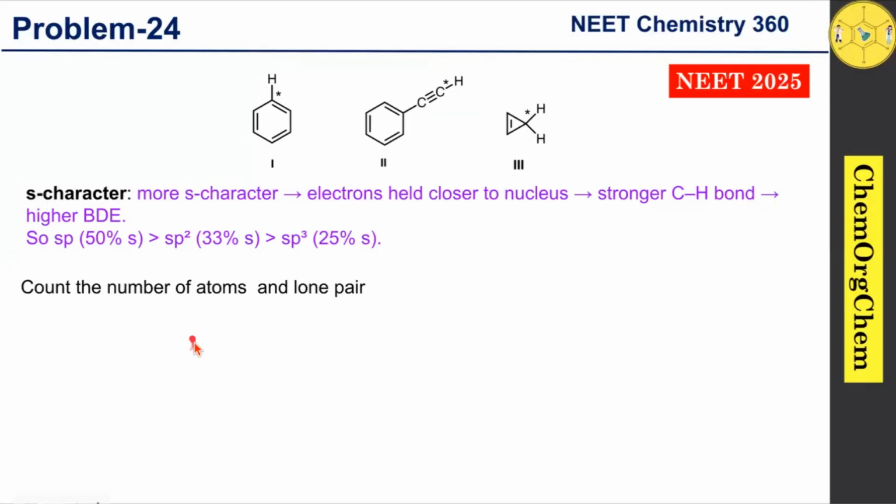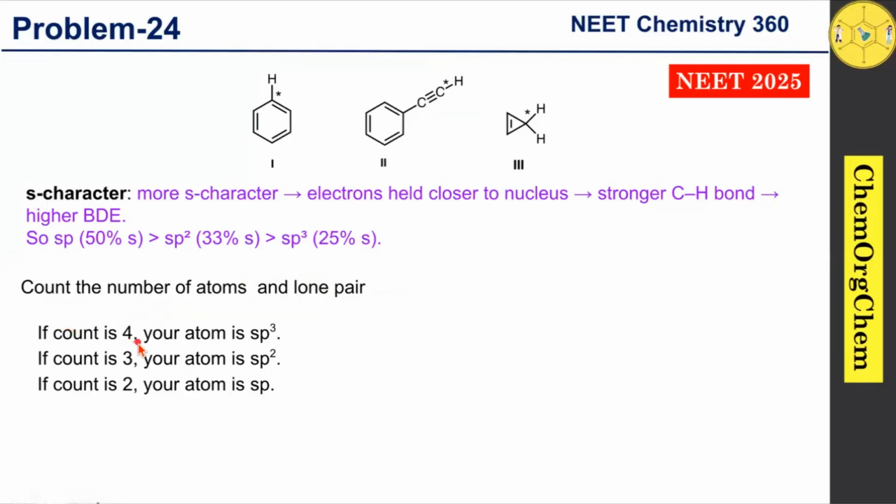For that, first we need to count the number of atoms, including lone pairs of electrons. If the count is 4, your atom is sp3 hybridized. If the count is 3, your atom is sp2 hybridized. If the count is 2, your atom is sp hybridized.